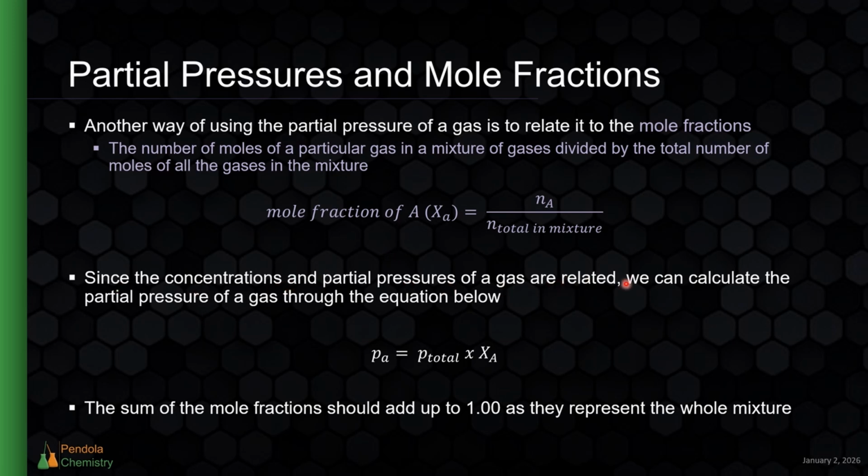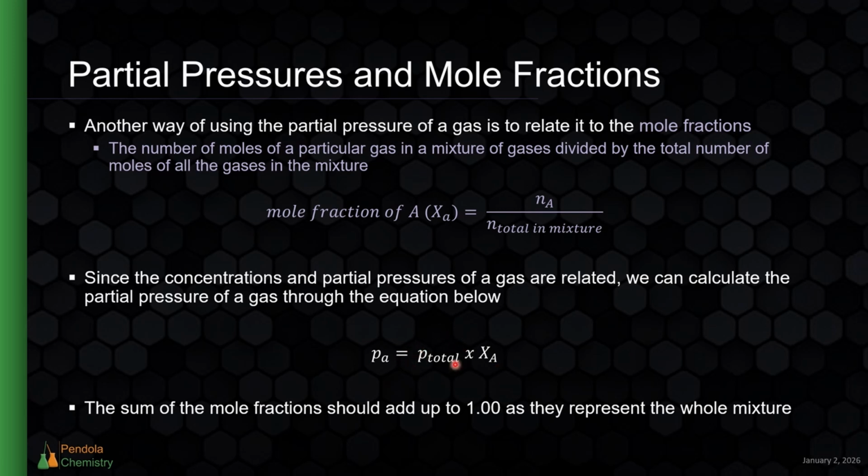Since the concentration and partial pressure of a gas are related, we can calculate partial pressures using the mole fraction. So if I wanted to know the partial pressure of A, but it wasn't told to me, but the number of moles of A were told to me, then the partial pressure of A could easily be found by multiplying the total pressure of the mixture times the mole fraction for A. So if I knew how many moles of each chemical I had in a mixture, and I knew the total pressure, I can figure out what the partial pressure of each chemical is going to be by simply using this equation.